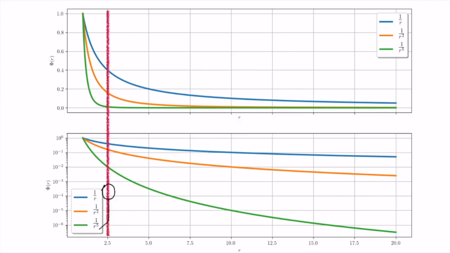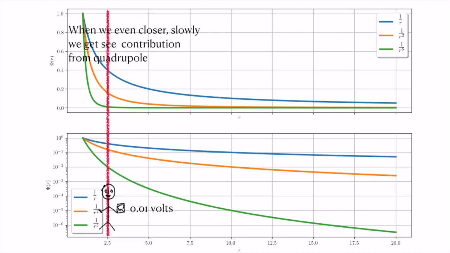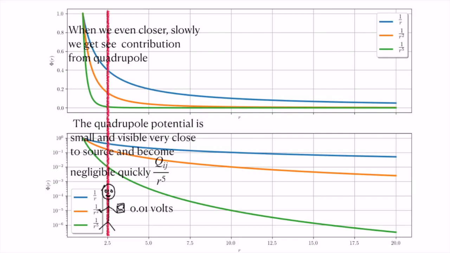Now if we come still closer, you can also see the quadrupole moment, and the quadrupole distribution which falls as r to the power 5.